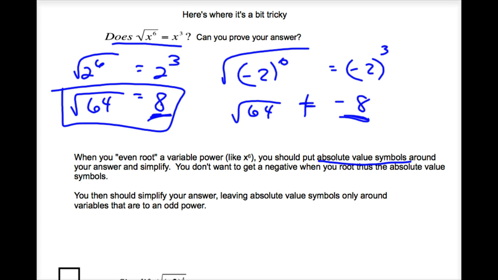Another thing you need to ask yourself is, can x be negative? In this one, x could be negative, because when I plug in a -2 right here, it turned into a positive, and I'm perfectly legal to square root a 64.